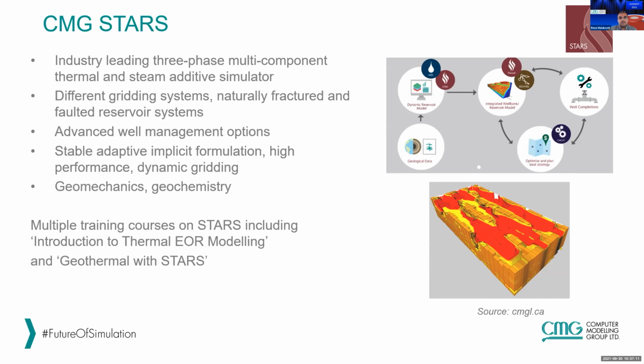STARS is able to handle different gridding systems: Cartesian, radial, and of course naturally fractured reservoirs or the presence of faults in the system are also available for modeling in that simulator.